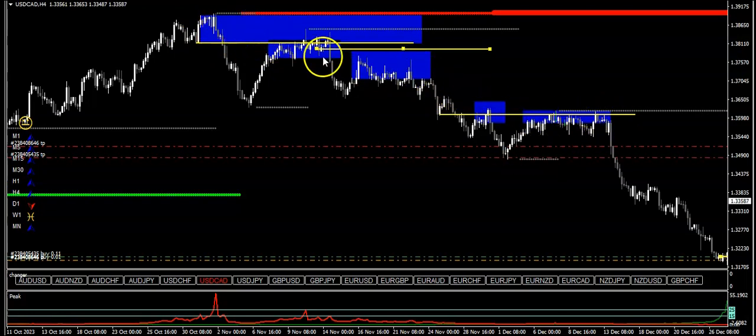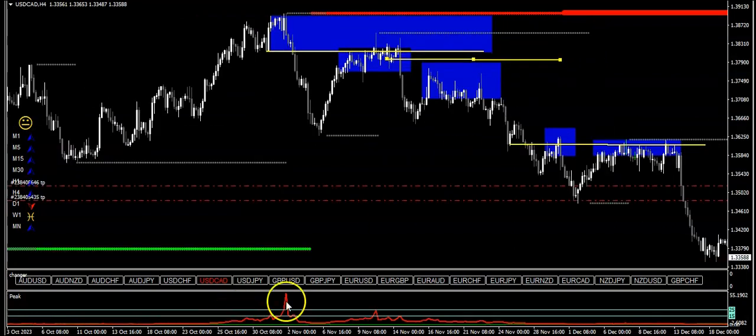Like every move, I can catch the impulse, and I can catch the pullback. So I'm good enough to have a trade every day, right? So, that's all I wanted to show you guys.